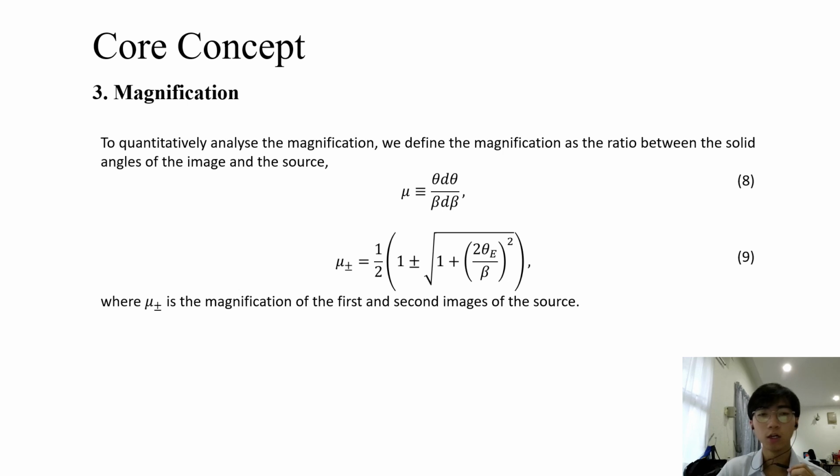Besides that, to quantitatively analyze the lens image of the source, we define the magnification mu as the ratio between the solid angles of the image and the source, as shown in equation 8. By solving the lens equation, the magnification mu becomes equation 9, where mu plus and minus represent the magnifications of the first and the second images of the source.